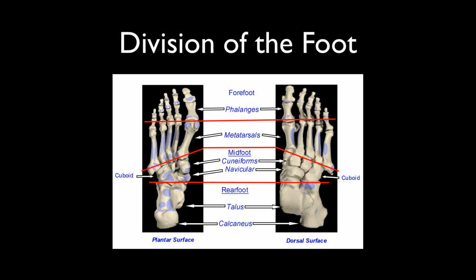Looking at the plantar surface of the foot, there are two sesamoid bones right at the base of the metatarsal phalangeal joint of the great toe. So there are 26 bones in the foot. There's 24 muscles and 33 joints.